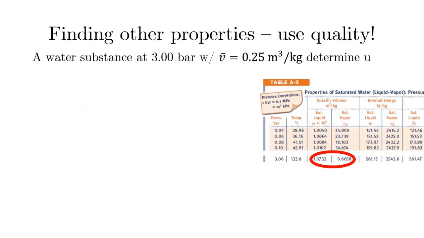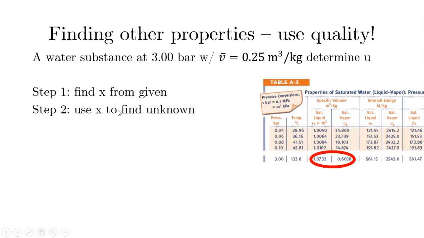So it's a very systematic way of doing it. Let me show you. So first, you want to find the quality from whatever I gave you. So I gave you the V. So find the volume. You have these 2 volume values, you can get the quality. Once I find the quality, I'll apply that to the internal energy. So wherever the distance between this and this is relatively, it will be the same thing between this and this.